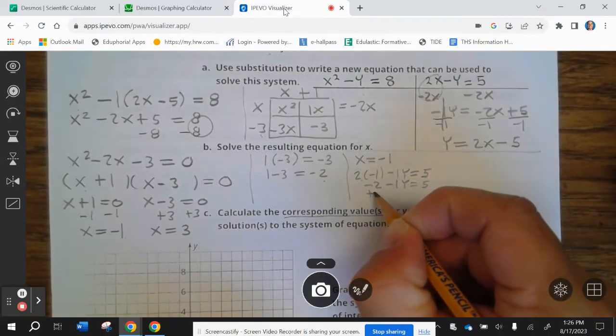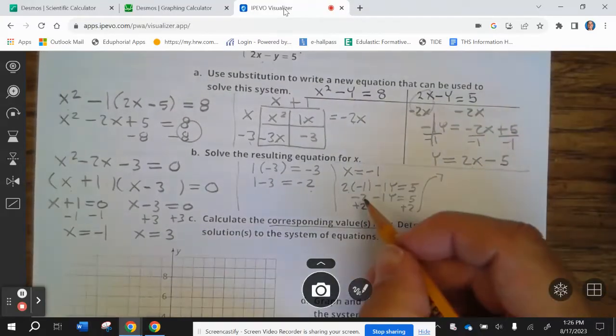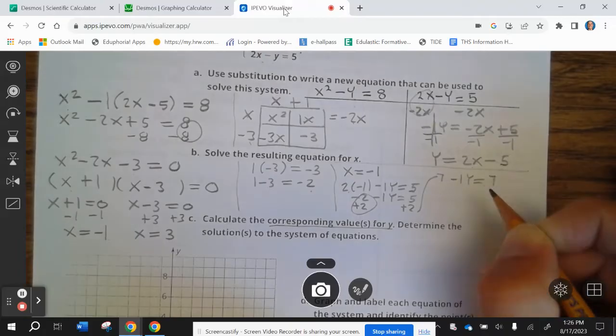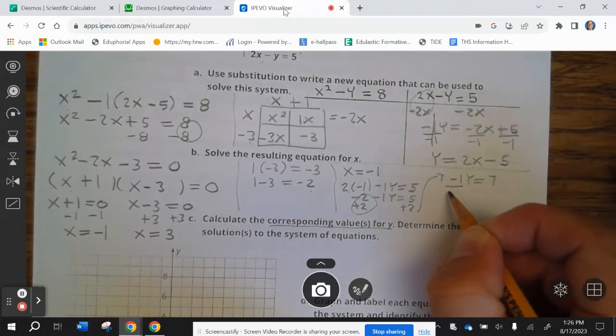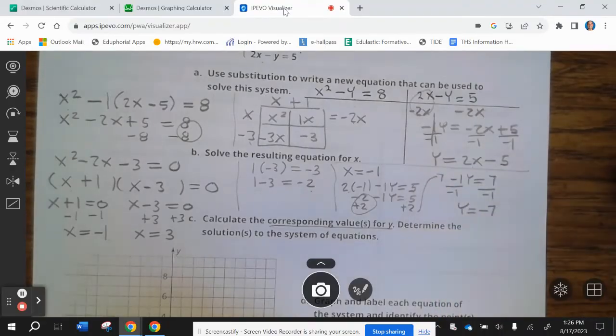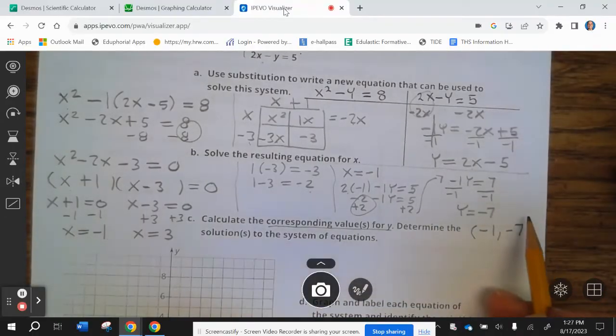We add 2 to both sides. So that becomes 0. You get negative 1y equals 7. Divide both sides by negative 1. Y equals negative 7. So the point is negative 1 comma negative 7.